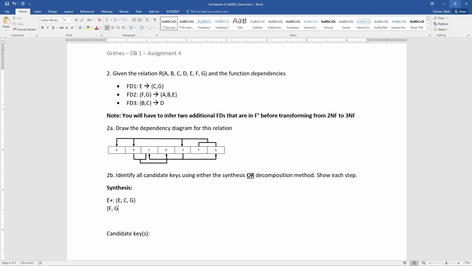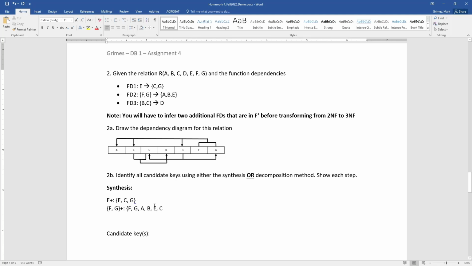Let's look at the closure of FG. So F and G together, of course, can determine F and G, and then also A, B, and E. So A, B, E. And if we can determine F, G, A, B, E, we got E, so we can also get C and G. So we already know G, but C is a good addition.